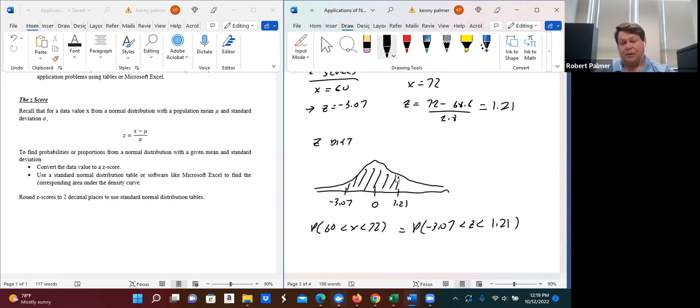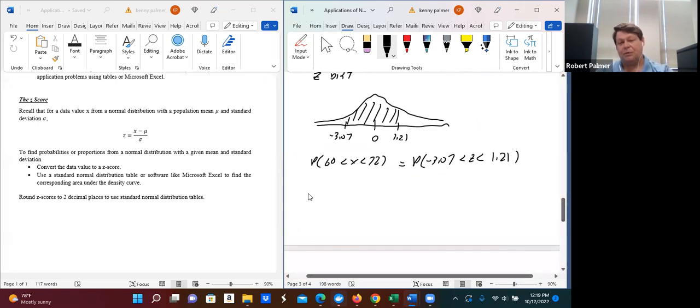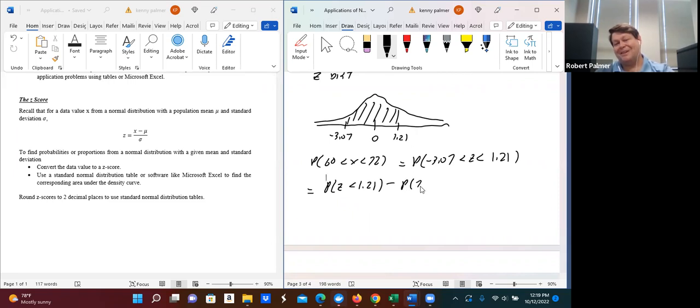So if we take the area to the left of 1.21 and subtract the area to the left of negative 3.07, that will give us what's in between. So this is equal to the probability that z is less than 1.21 minus the probability that z is less than negative 3.07. And in Excel, we can do this directly. There are 2 of these, so we'll use our same function, norm.s.dist, 1.21 and true, then minus the same thing for negative 3.07.